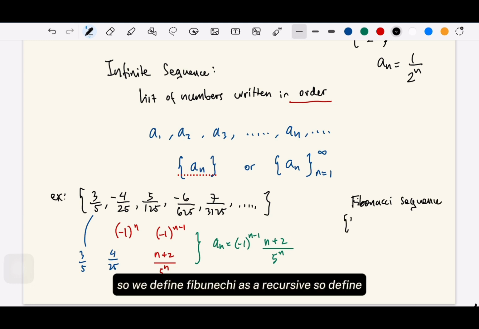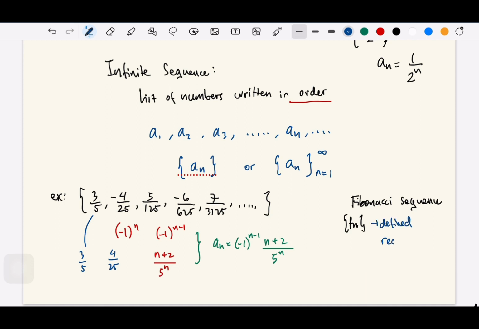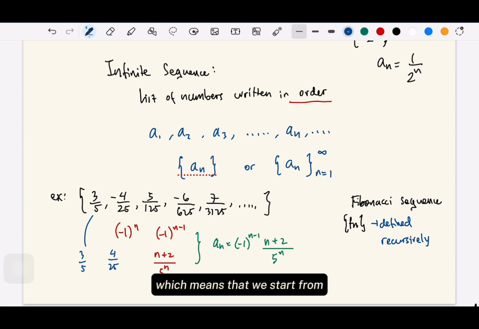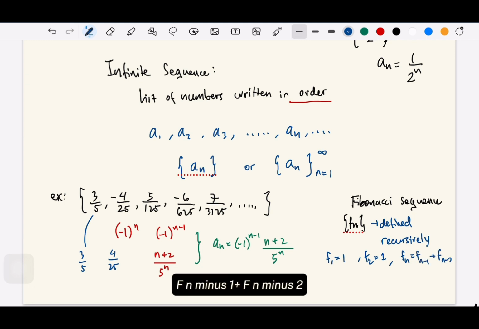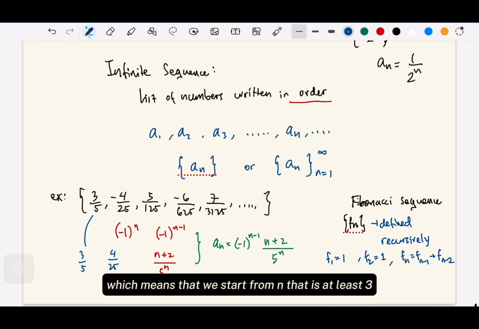We define Fibonacci recursively, which means that the first term is 1, the second term is also 1, but the definition is Fn equals Fn minus 1 plus Fn minus 2, which means that we start from n that is at least 3.